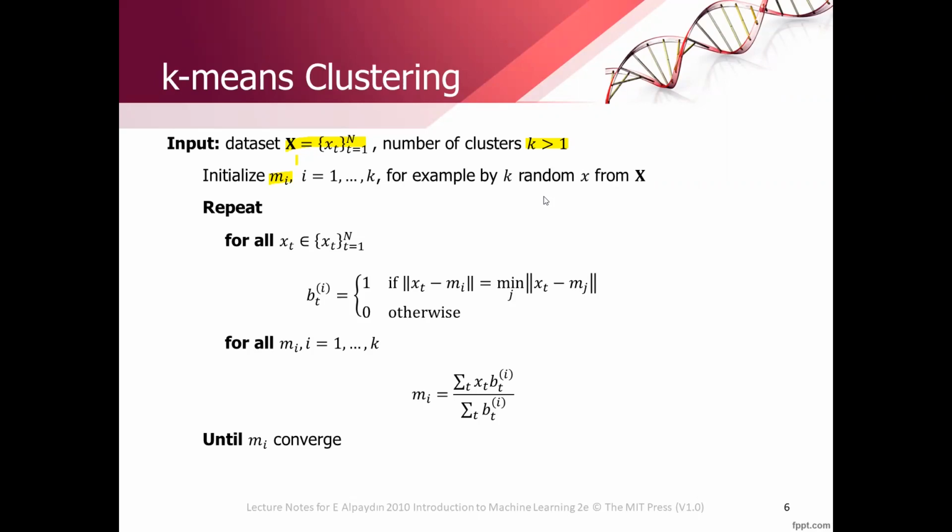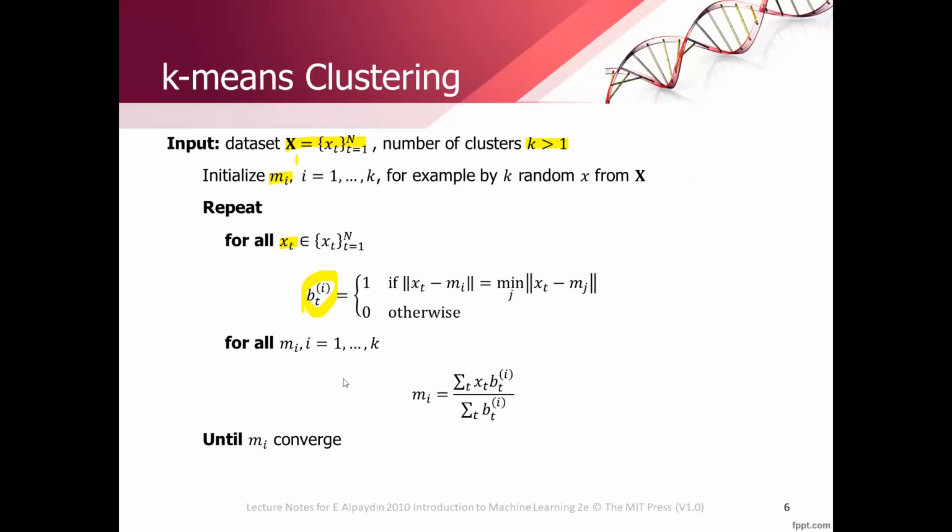And then we repeat. For each vector, we compute its representative by computing the B sub t superscript i. So we actually find which of the reference vectors is representative for each observation for our metrics.